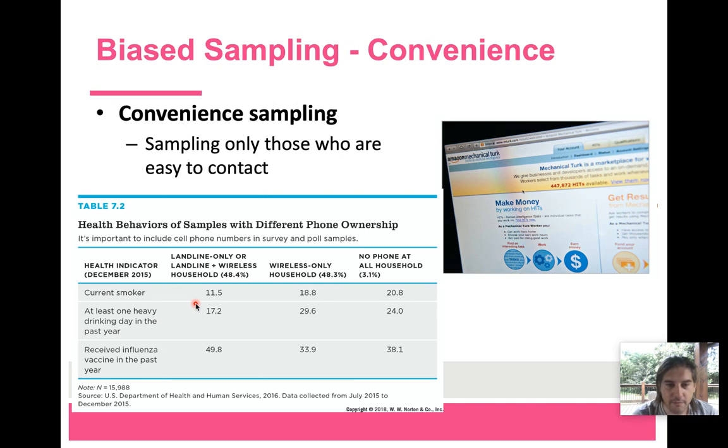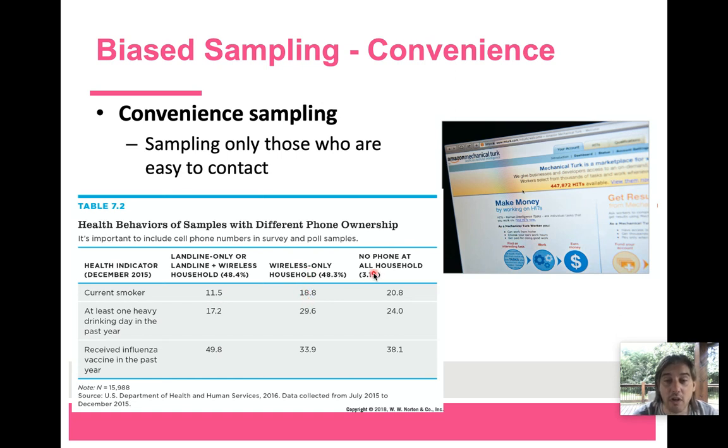What's interesting is that these data show us that health behaviors differ based upon these categories. So, if you have a landline and a wireless phone, only 11.5% of people are smokers. If you only have a cell phone, 18.8% of people are smokers.